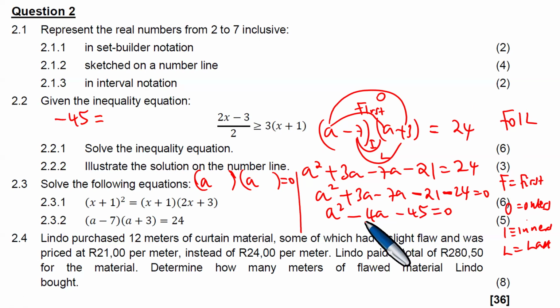First, we write the minus 45 on the side. We must find two numbers which when multiplied give minus 45, but when added together give us minus 4. What are those two numbers?